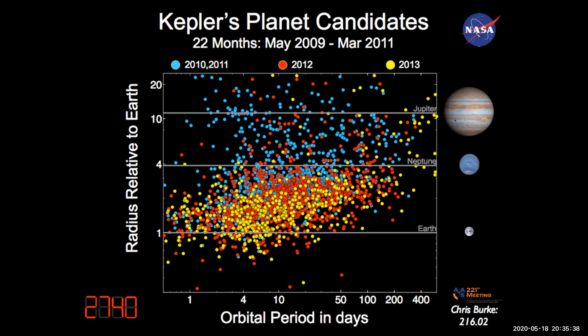We have, I think, almost 5,000 or 4,500 Kepler planet candidates altogether now, in a wide range of sizes. Notice how many Earth-sized planets were discovered. Something like 100 Earth-sized planets were discovered, or smaller. Thousands of Jupiter and Neptune class planets.